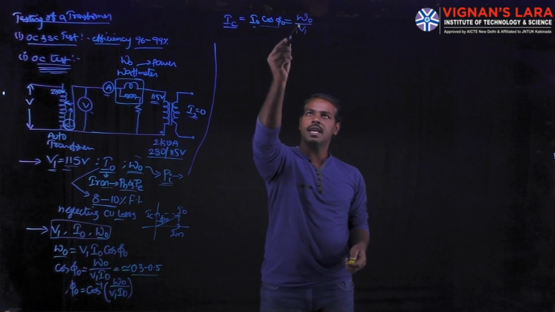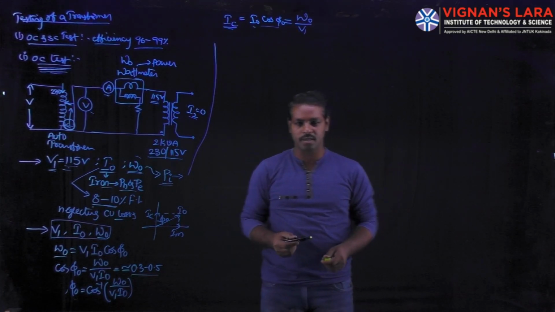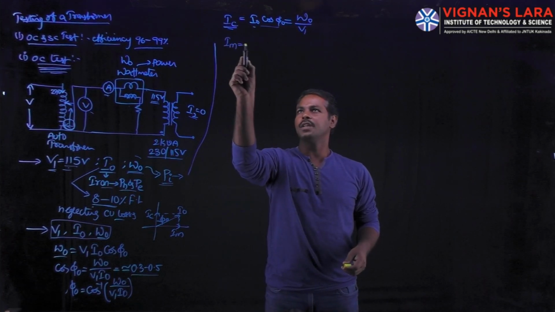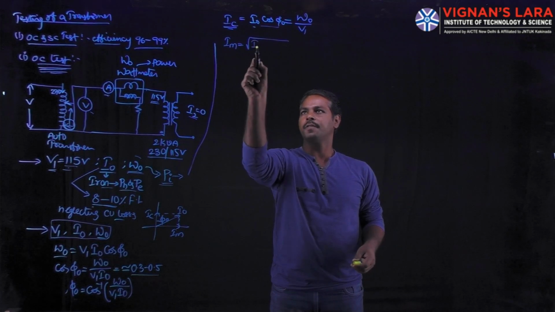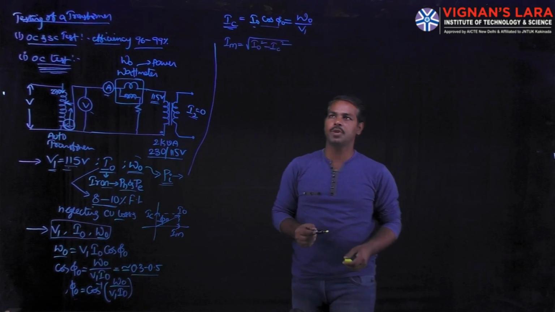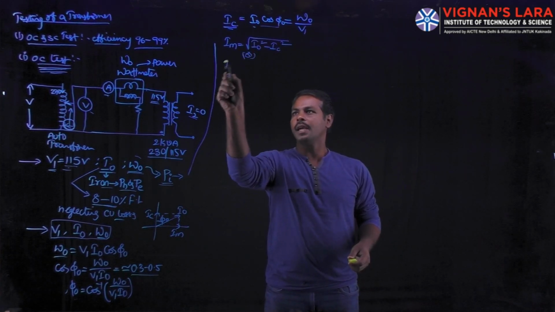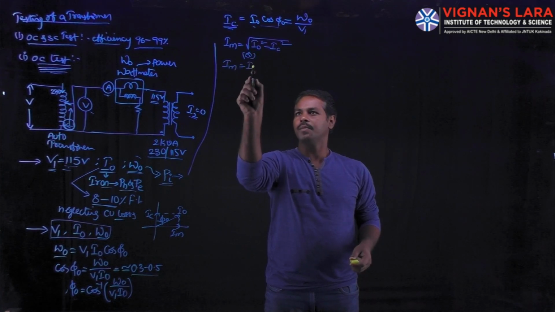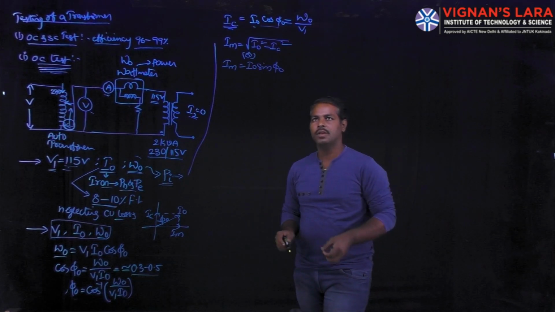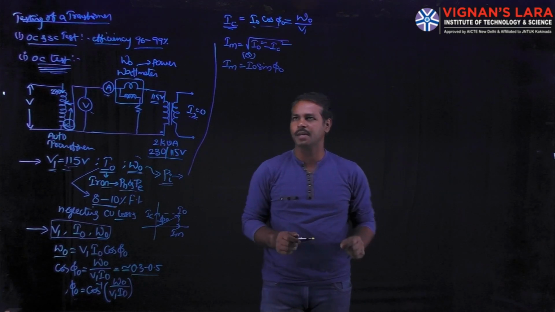After that, we can calculate the magnetizing component, which is equal to the square root of I naught square minus IC square, or IM is equal to I naught into sin phi naught. So any one of these two expressions can be used to calculate the magnetizing current.